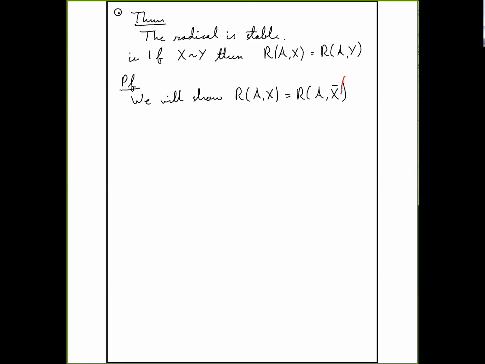And this will be enough because then that will be equal to the closure of Y if they are equivalent. And if I've shown this for all primitive axes, then I'm done. Okay. And how do I contain this?